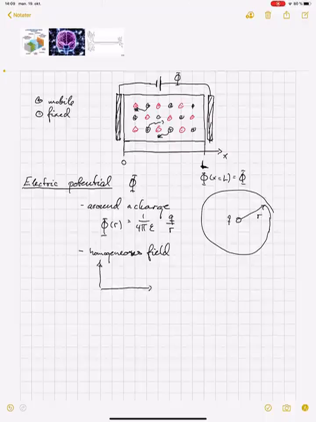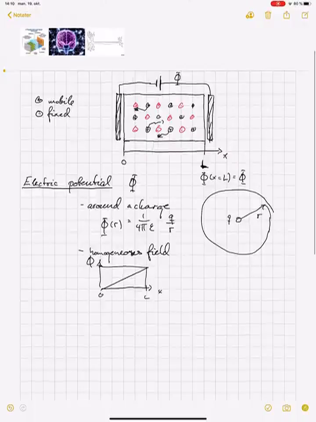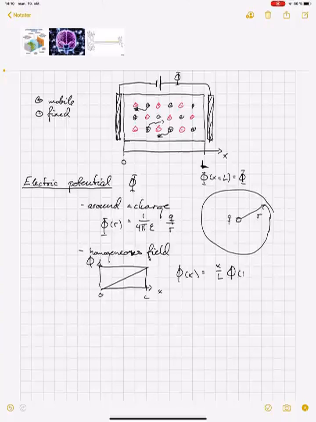So from one end of the cell, x equals 0 to L, it goes from 0 linearly up to the value phi of L. So we can write phi of x equals x over L times phi of L, or we'll just write it as phi L for short.